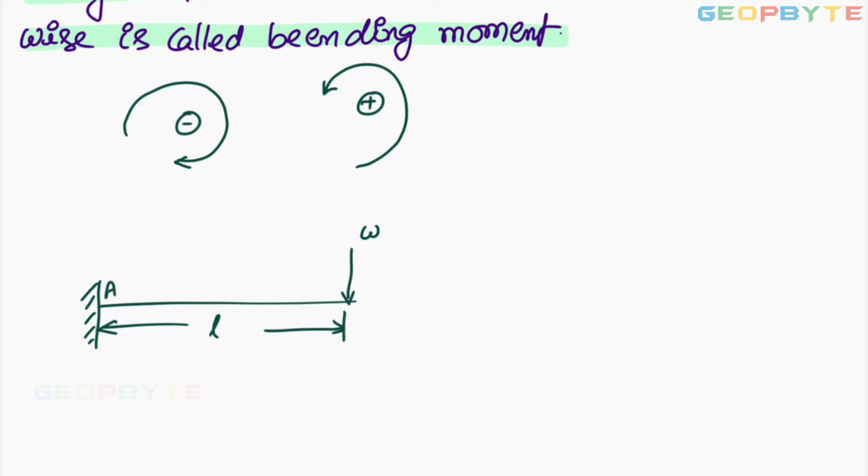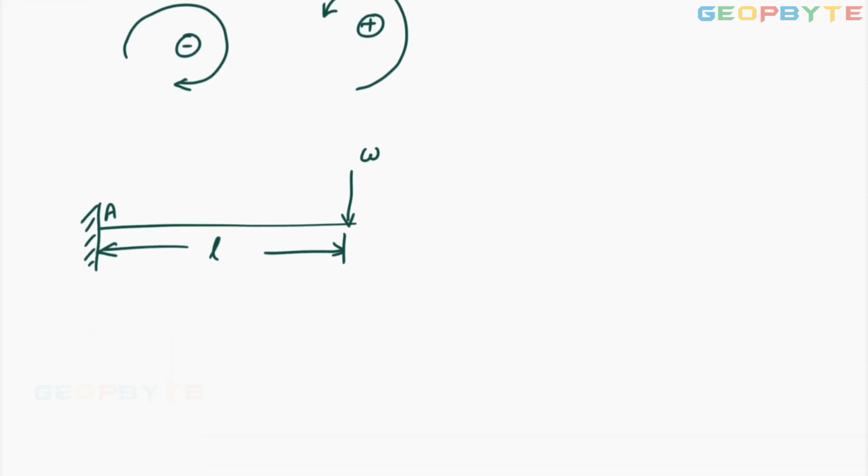Let it be A. Then the bending moment about A, or bending moment at A, equals load into distance, W into L. But this load is trying to bend the beam in the clockwise direction.